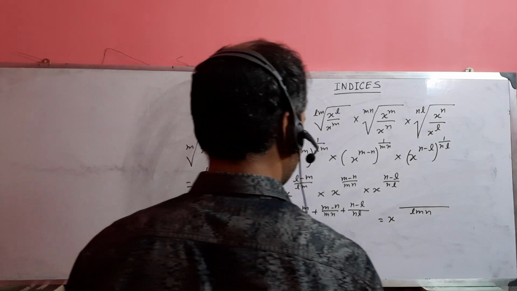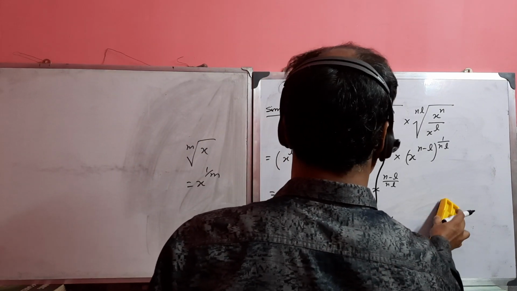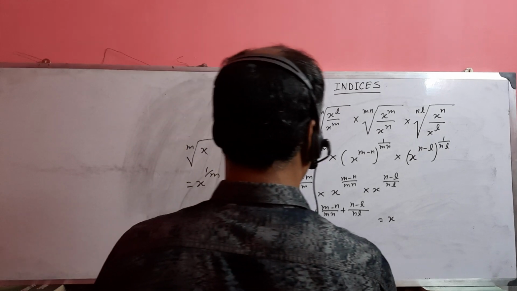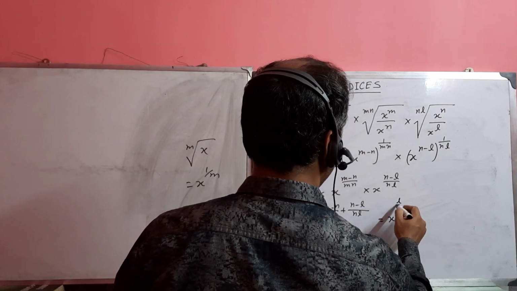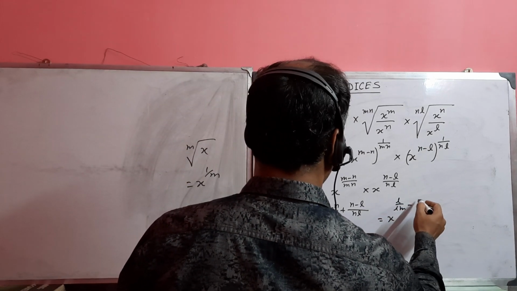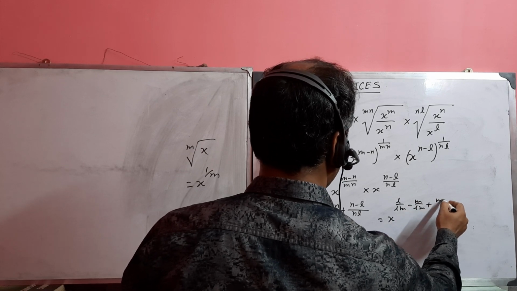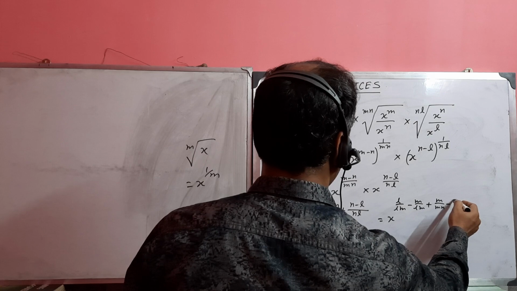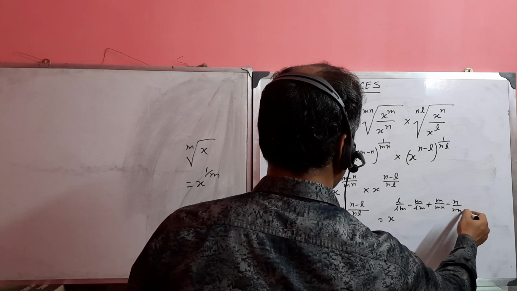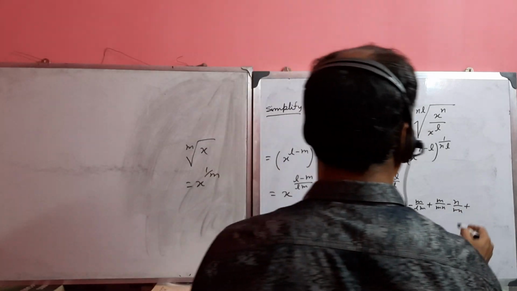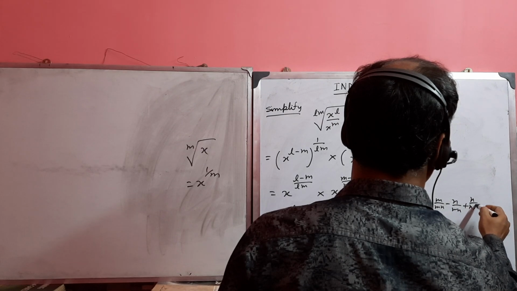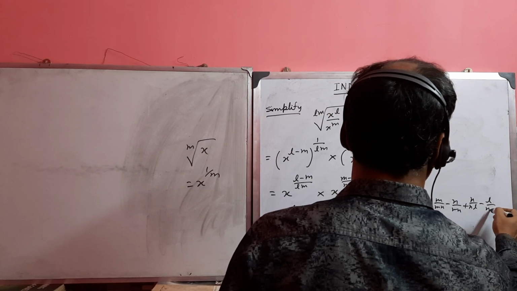This can be written like this: l by lm minus m by lm plus m by mn minus n by mn plus n by nl minus l by nl.